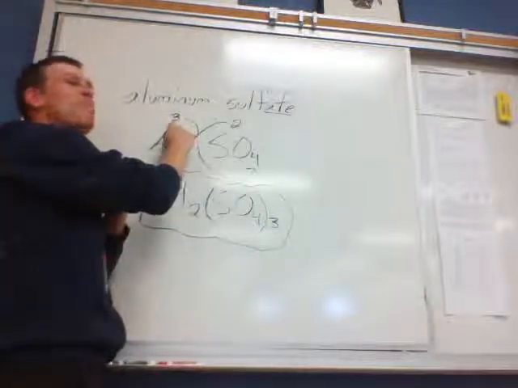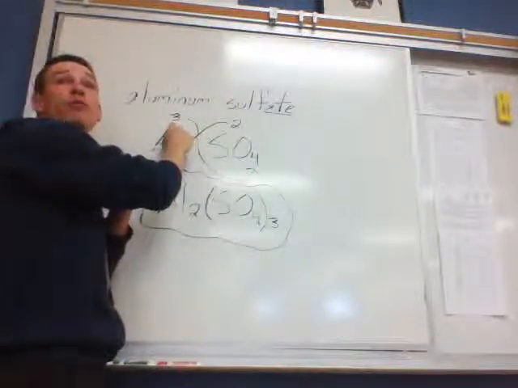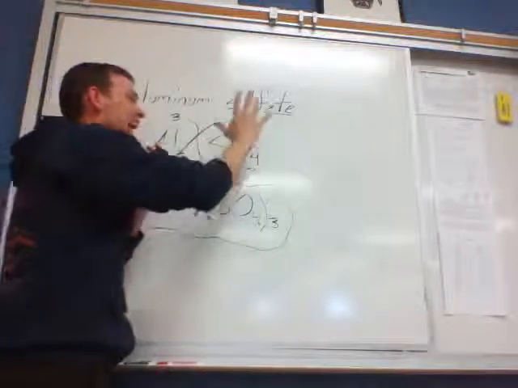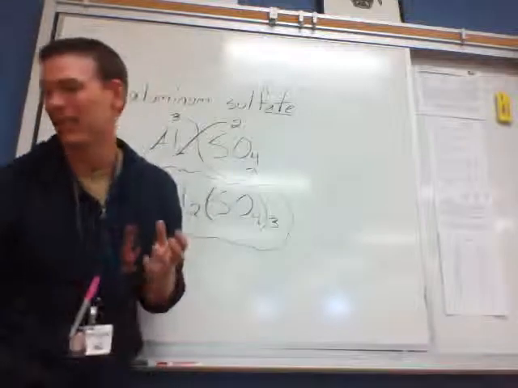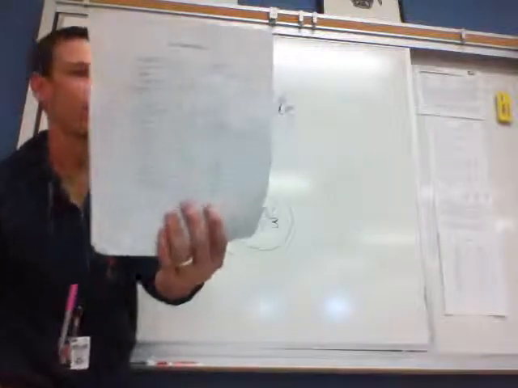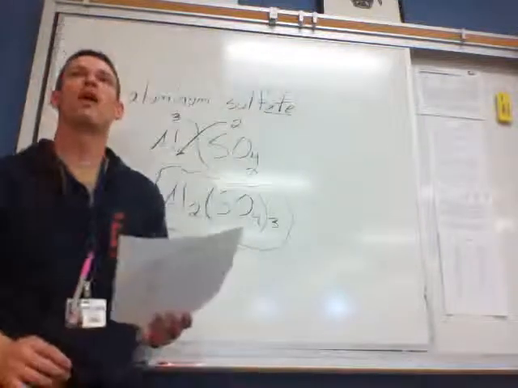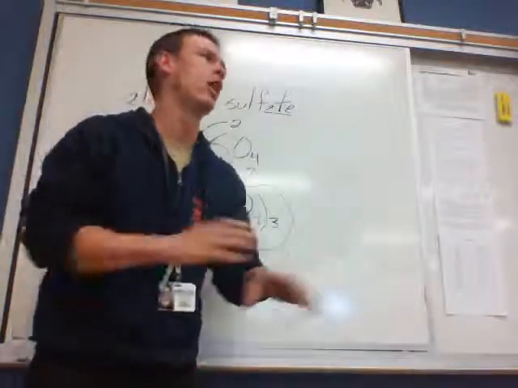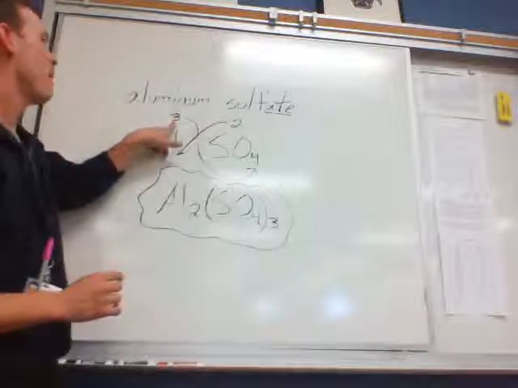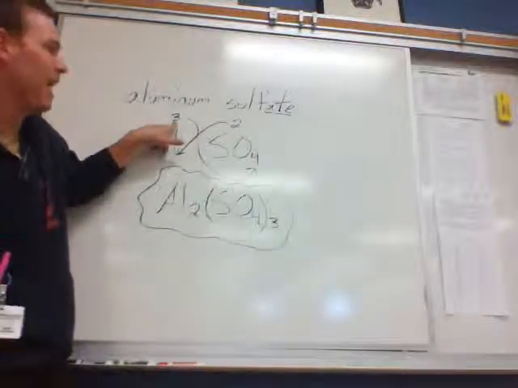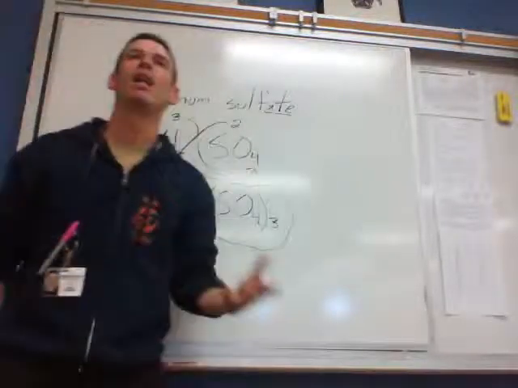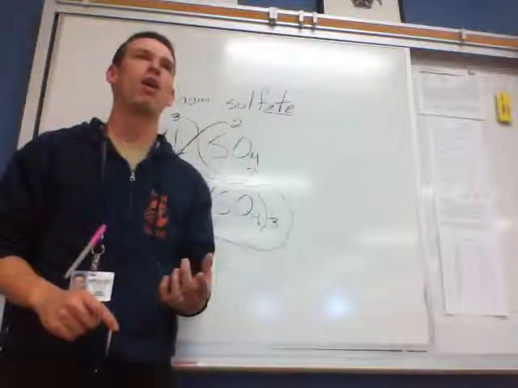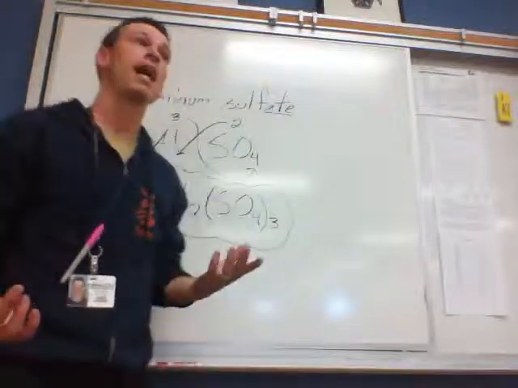If a number bigger than 1, 2, 3, 4, 5, 6, 7, 8, 9, 10, is being crossed to anything on the polyatomic list, then you put parentheses around that item. Listen to that again, because if you can just learn that one sentence, then you're good to go. If a number bigger than 1 is crisscrossed to a polyatomic ion, you put parentheses around that polyatomic ion. That's the only time it happens.